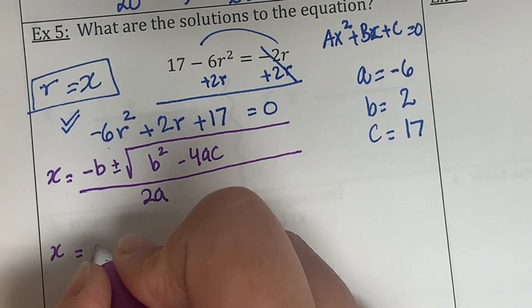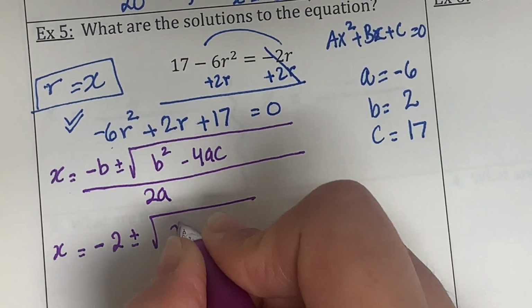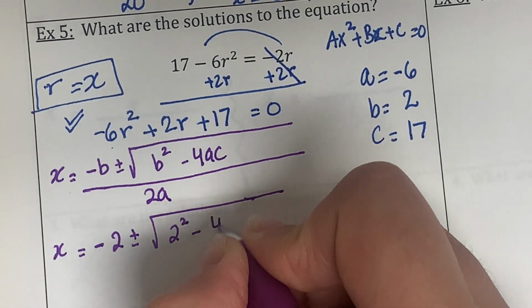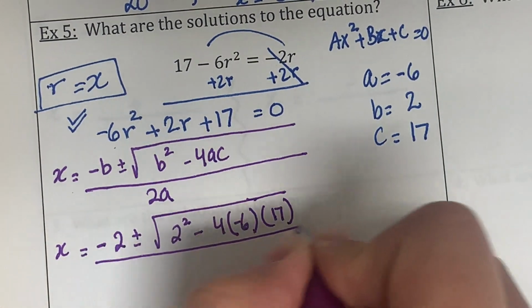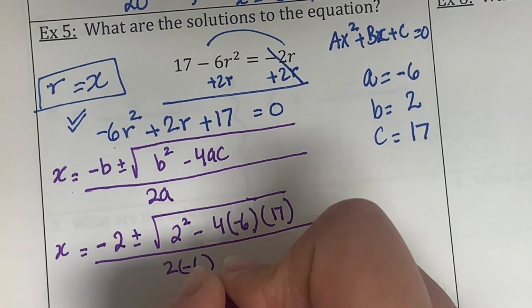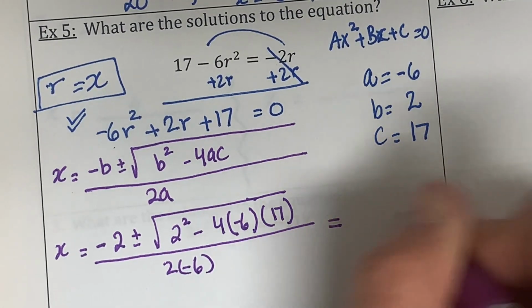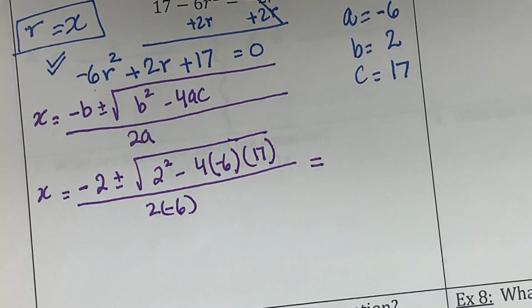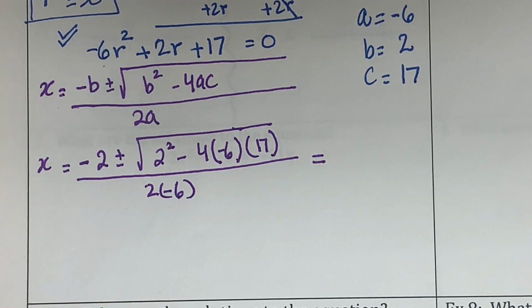B is positive 2, minus is from the formula, plus minus the square root of 2 squared minus 4ac, over 2 times a. And I'm going to write the value here with the plus minus because I don't have room. I'm solving this portion of the square root part in the calculator.